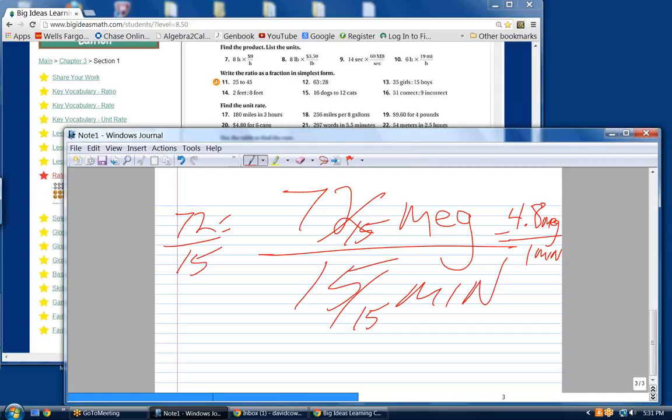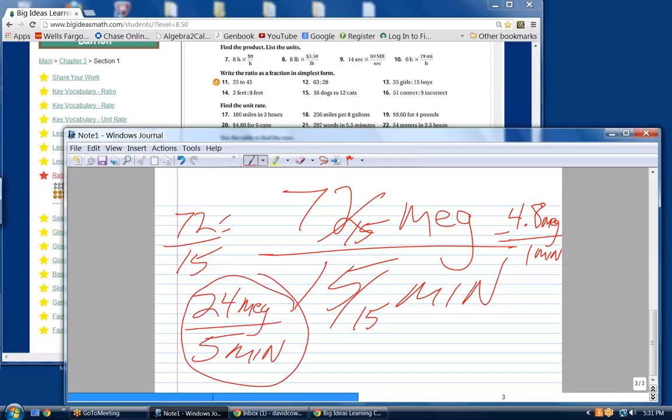So whenever they ask for that, know that you have to end up with 1 minute in the bottom. In other words, we could have divided each side by 3, and the top goes to 24 megs per 5 minutes, but that's not the answer they want. They don't want the rate per 5 minutes. They want the rate per 1 minute. So you have to make the bottom be 1 minute, whatever you need to do that. All right, let's stop there.